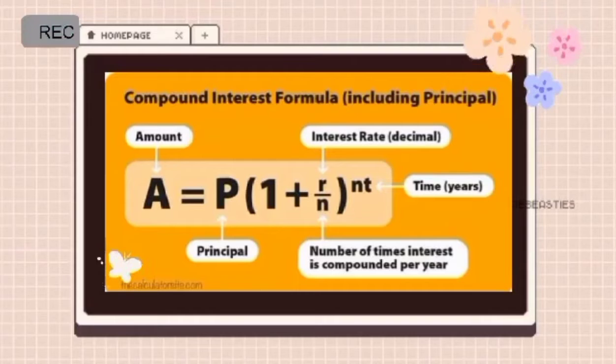R is the annual interest rate, as a percentage or decimal. N is the number of times that interest is compounded per year. And time, T, is the number of years the money is invested or borrowed for.